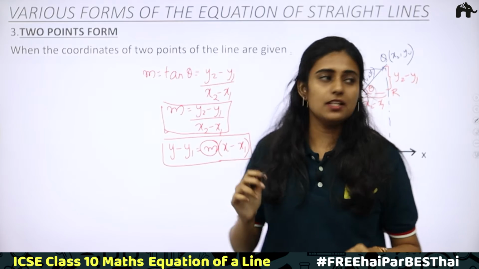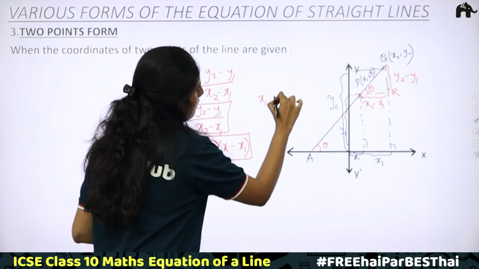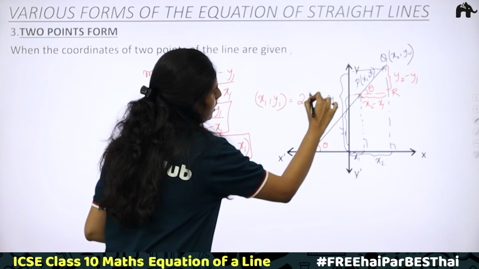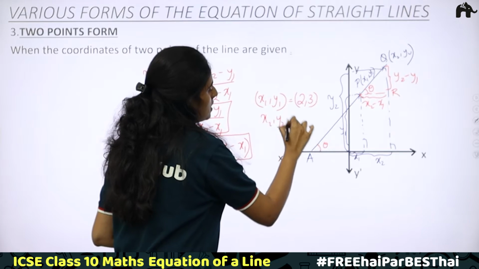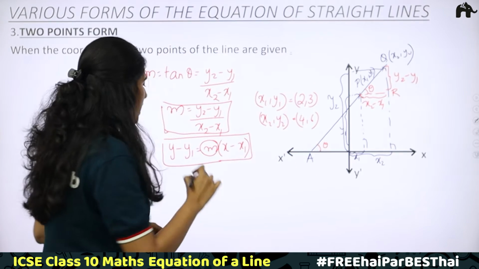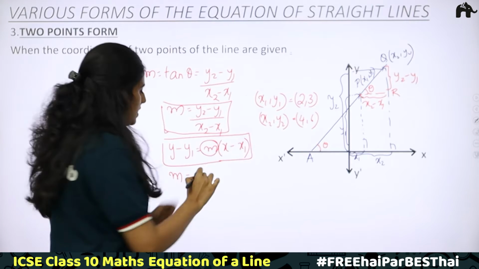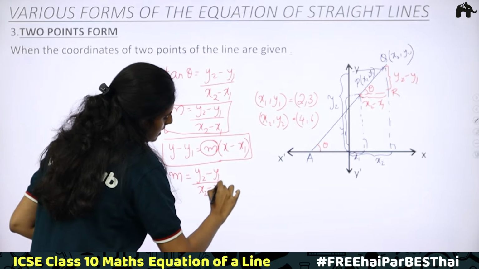Let's take an example. Here, let us consider x1, y1 is equal to 2, 3 and x2, y2 is equal to 4, 6. What is the slope then? Slope m will be equal to y2 minus y1 divided by x2 minus x1.